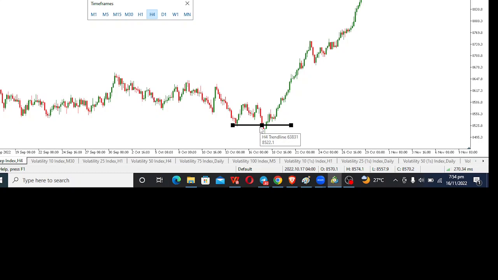When you are trading based on support and resistance, you should be able to know whether the trend is still valid or not, whether your support is valid, whether resistance is valid. Because I made mention that if support gets broken, it becomes resistance. If resistance gets broken, it becomes support. So if you are trading on a support, you need to make sure whether the support is valid or not.